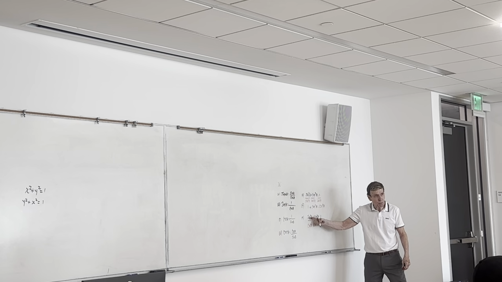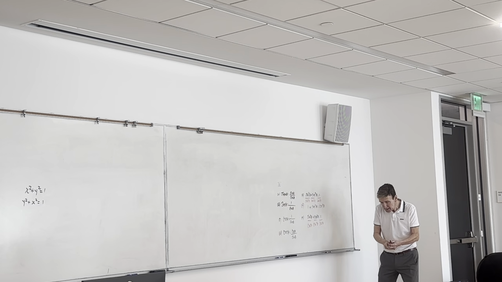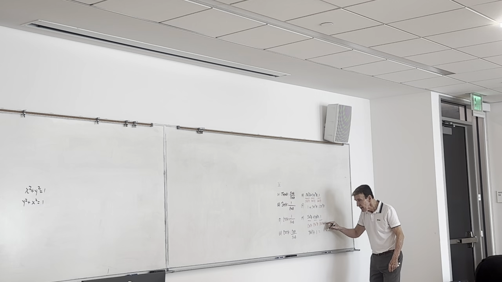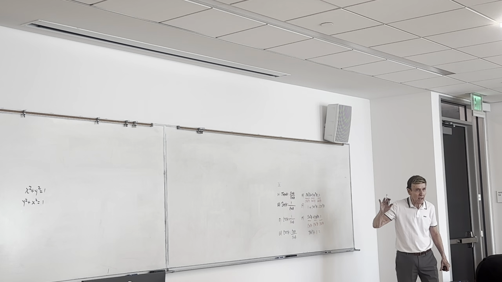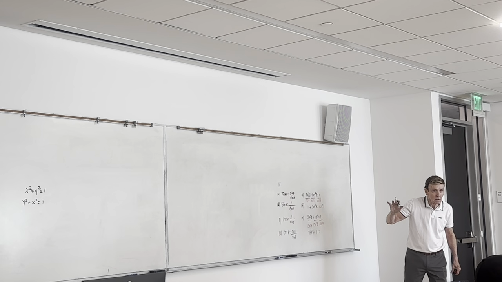Another name for sine squared over cosine squared is tangent squared. Sine over cosine is tan, so this is tan squared. And we got cosine squared over cosine squared, that's 1. Who thinks they know what 1 over cosine squared might be represented as? Secant squared.